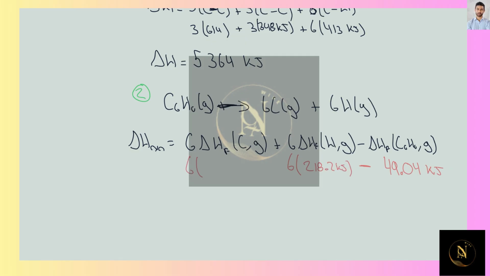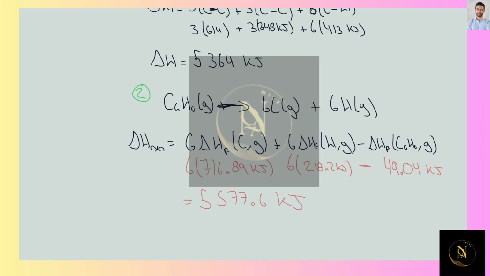And finally, for carbon as a gas, I didn't find this one in Overby and Chang, but I found it in the Argonne National Laboratory Active Thermochemical Tables, and the value is 716.89 kilojoules. Gives us a total of 5,577.6 kilojoules.